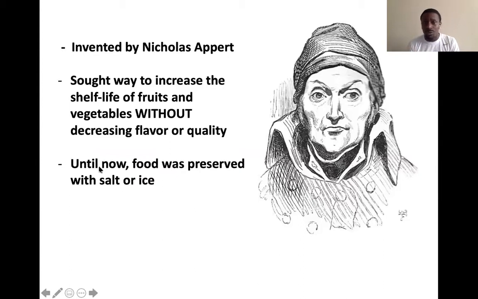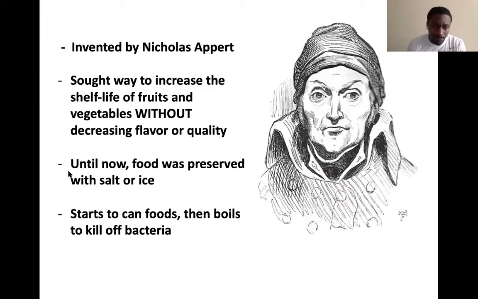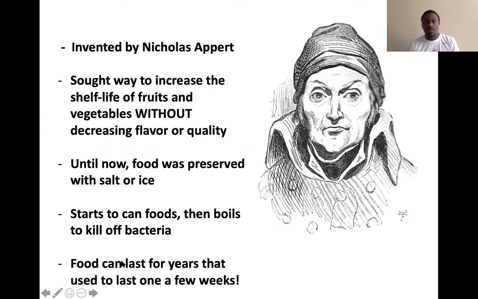Until then, food was preserved by salting it or putting it on ice. So in this process, he started out by canning these foods and then boiling them to kill off any harmful bacteria. And the food could last for years after the invention of canning, when before they could only last a few weeks, tops.